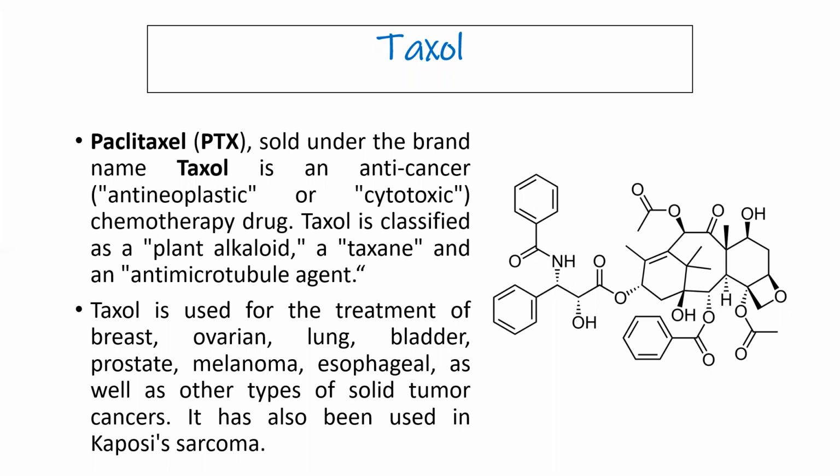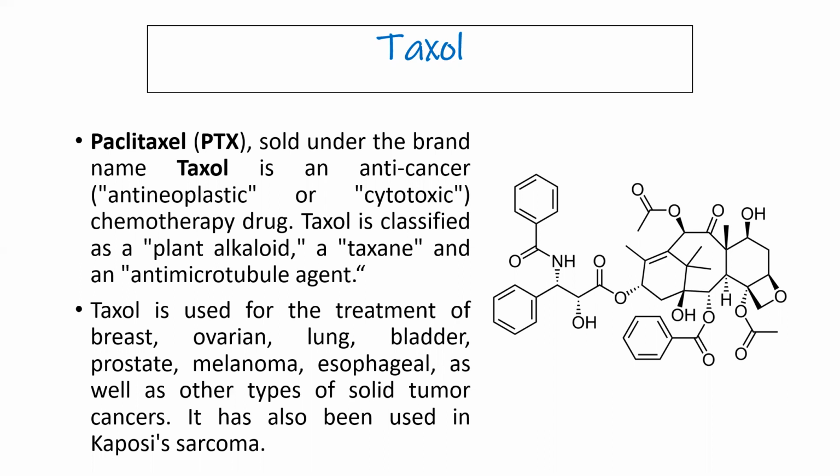It is used for the treatment of breast, ovarian, lung, bladder, prostate cancers, melanoma, esophagus, as well as all types of solid tumor cancers, and it is also used in Kaposi sarcoma.